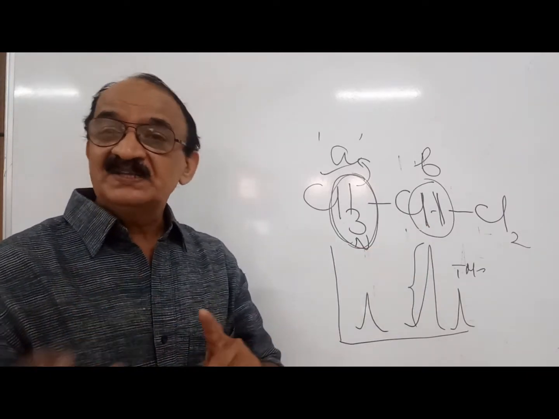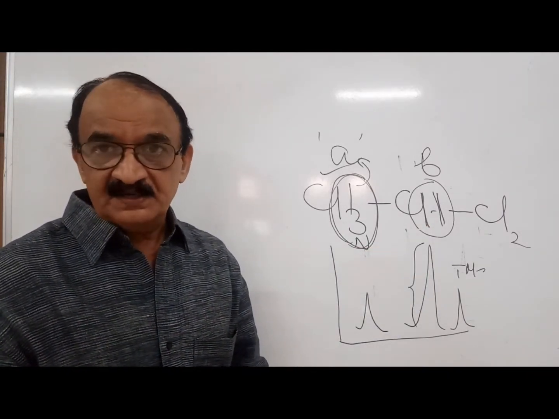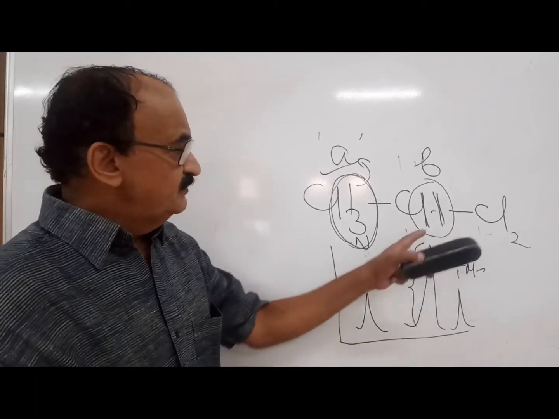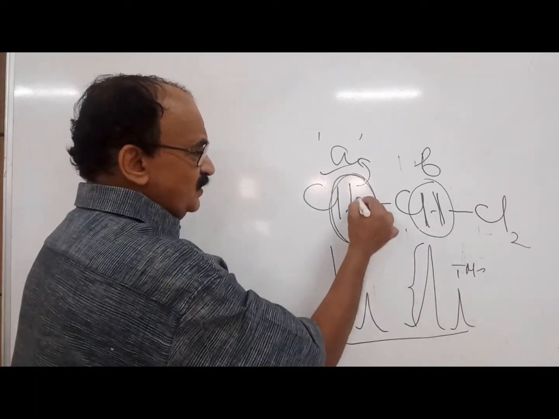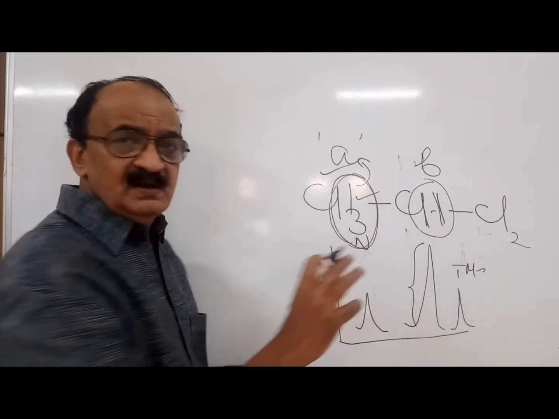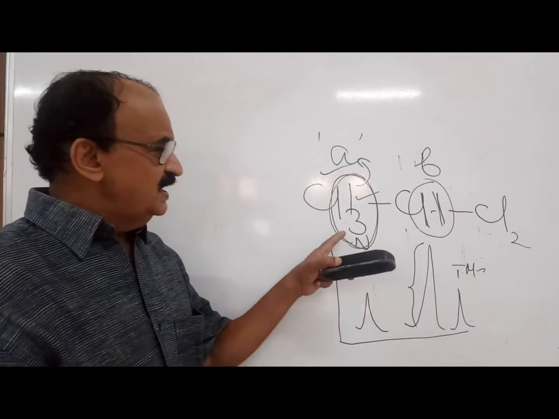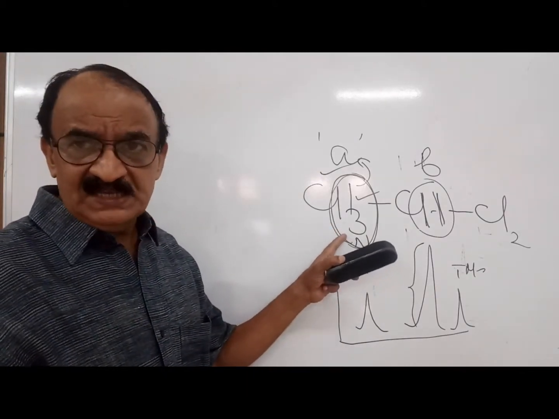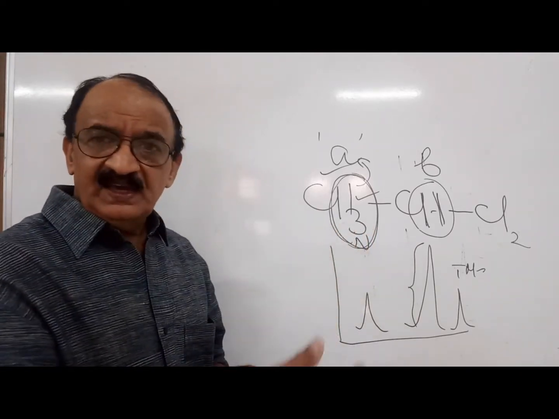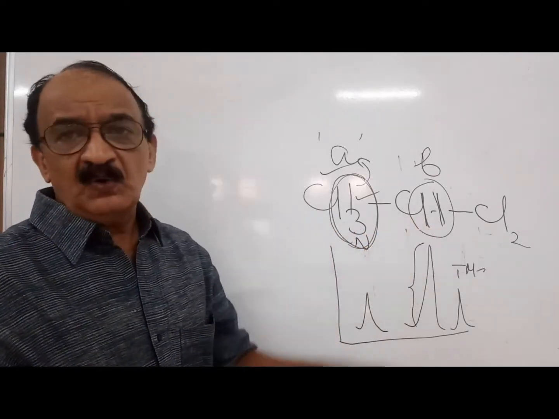So neighbors always distract, right? That is a normal policy. Neighbors always distract. Therefore, as far as this proton is concerned, this is the neighbor. The presence of this neighbor will disturb the magnetic field of this CH3 proton. Similarly, the three protons will affect the magnetic environment of this proton.